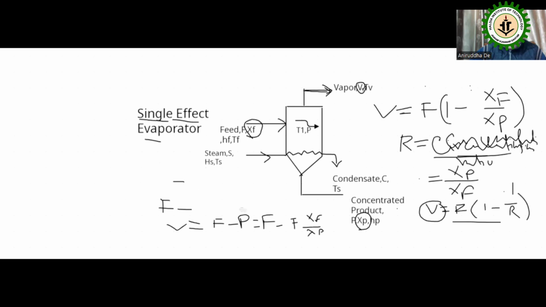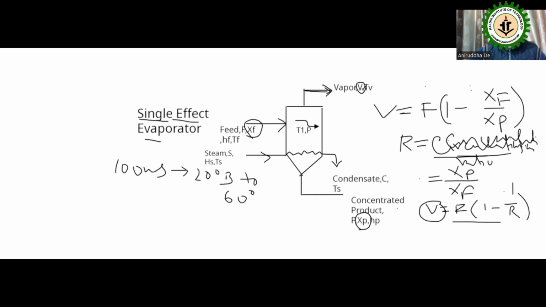If you are told in an industry, suppose the tomato ketchup industry, suppose 100 kg of tomato juice is concentrated from, suppose, 20-degree Brix to 60-degree Brix.